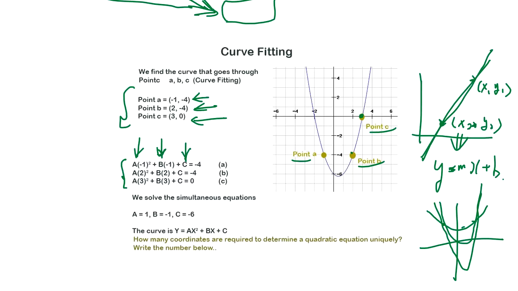If you have 3 points, then it determines a, b, c uniquely. We solve this simultaneous linear equation, which we learned in the previous video, then we can determine a, b, c. So the curve is uniquely determined. That's the point here: you need 3 points to determine a quadratic equation.